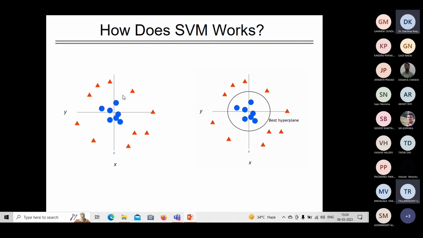To separate these two sets of points, if we define the separating hyperplane, it would not be linear, but rather it would be a circle. That means we need to define a nonlinear hyperplane for this classification.